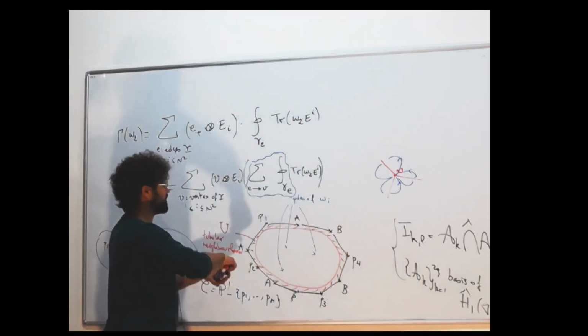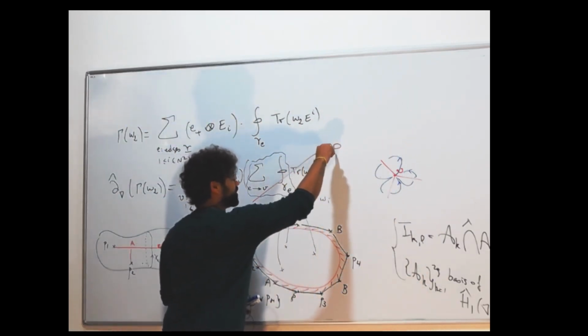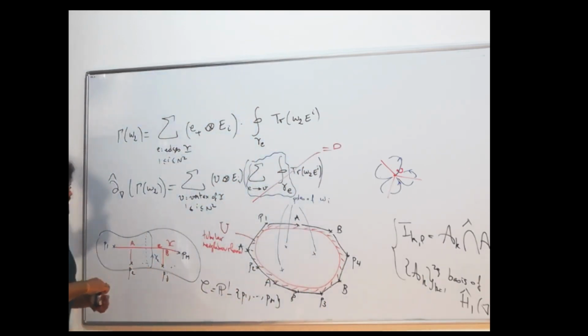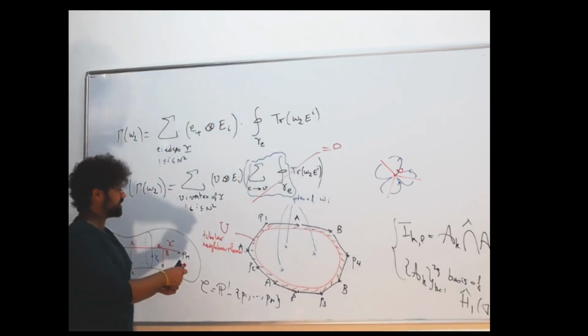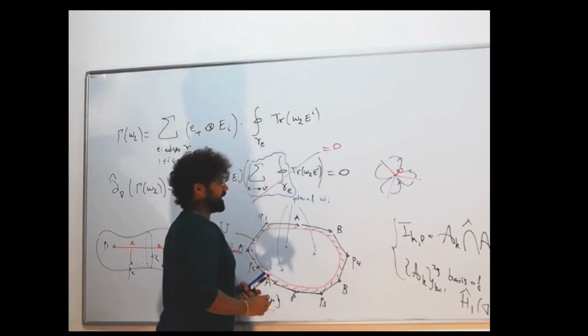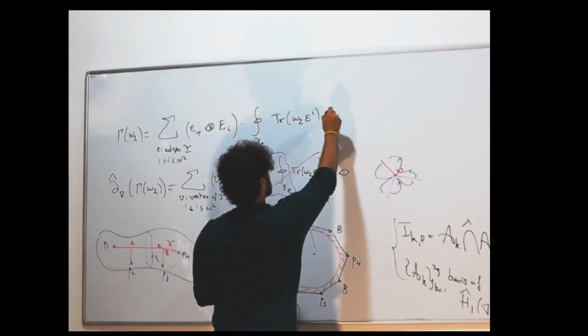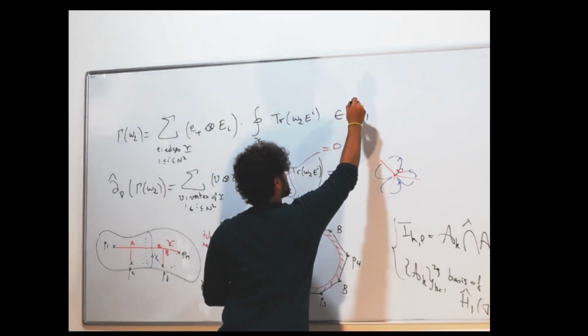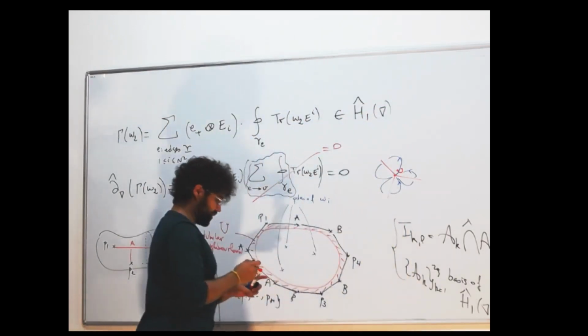So this is 0. And then the sum is 0 as well. And this implies that gamma omega 2 belongs to H1.